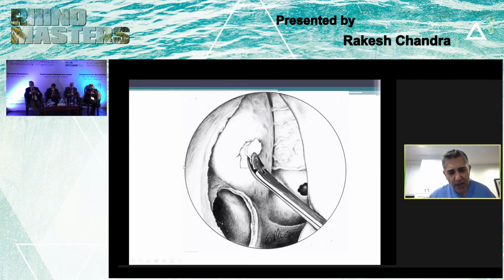It's a maneuver that I didn't illustrate here, but once you've made that window through the lamina papyracea, it's nice to take a thin Freer elevator and put it in the pocket between the lateral surface of the lamina bone and the orbital periosteum itself. Then you can fracture bits of the lamina by pushing the Freer from lateral to medial.